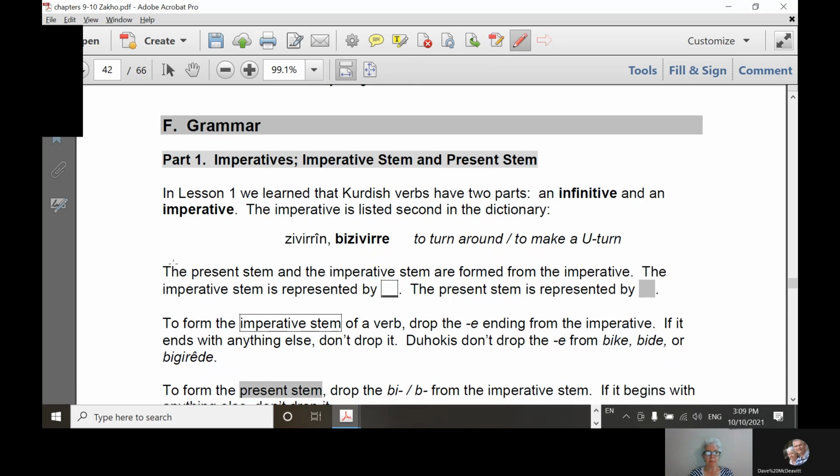The present stem and the imperative stem are formed from the imperative. The imperative stem is represented by a blank box. The present stem in my grammar charts is represented by a gray box.